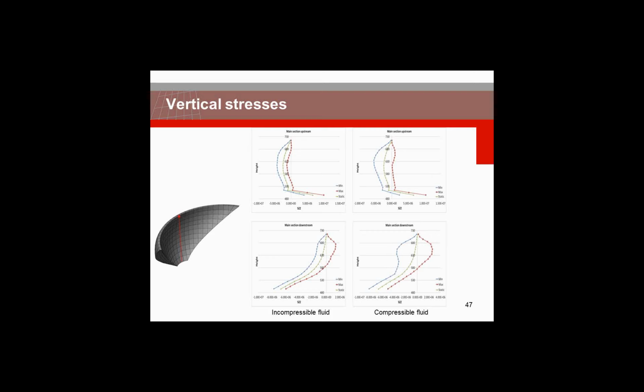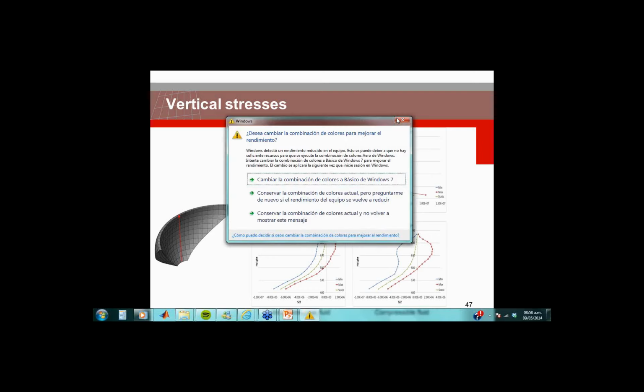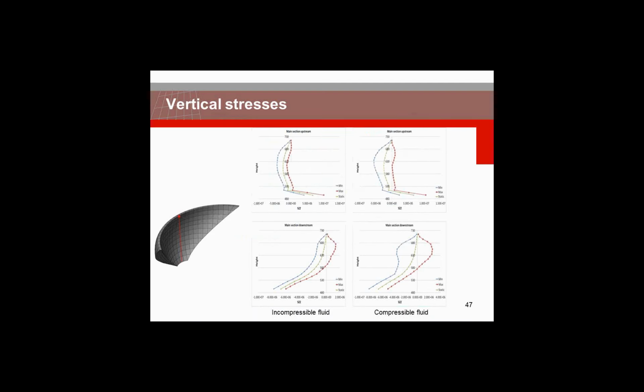For both cases we have the stresses in the upstream section, so it's the face in contact with the water, and the downstream section, which is the face on the opposite side of the dam. What we can see here is that the vertical stresses are increased when we use the compressible assumptions, right?